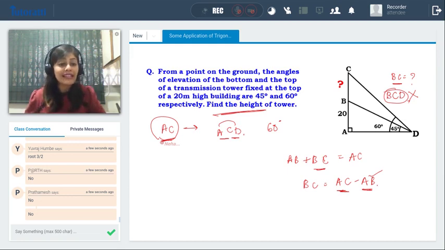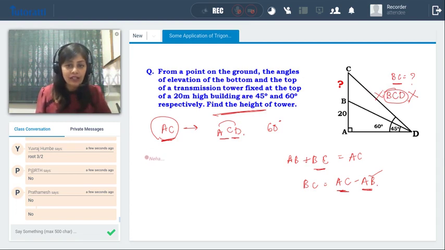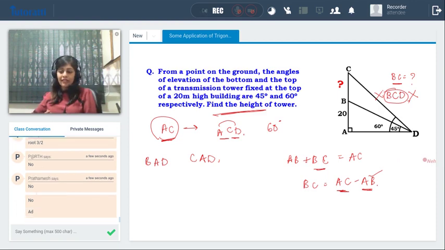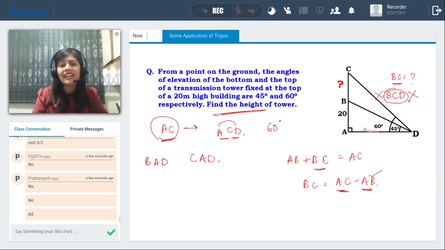Between both the triangles, when I say that, between the two right angle triangles, we are not concerned with triangles which are not right angle triangles. So we have two right angle triangles out here. Which are they? One is triangle BAD and the other is triangle CAD. Quickly tell me which is the common side between these two triangles. Okay, AD. Yes, clearly you can see AD is that common side.